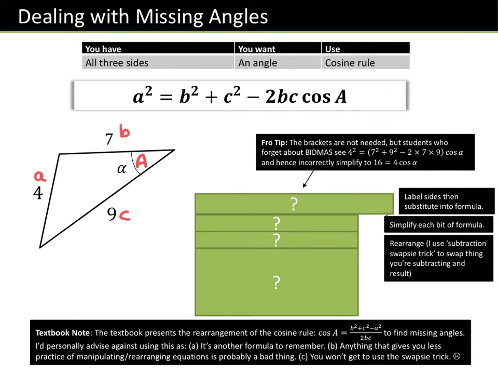But for right now, you need to know that cos A equals b squared plus c squared minus a squared over 2bc. That is that rearranged, and you're going to prove to me how I've done that. I'm not even going to show you that. You should be able to rearrange this. Okay, so in a minute, you're going to try and rearrange that for me to see if you can get this form.